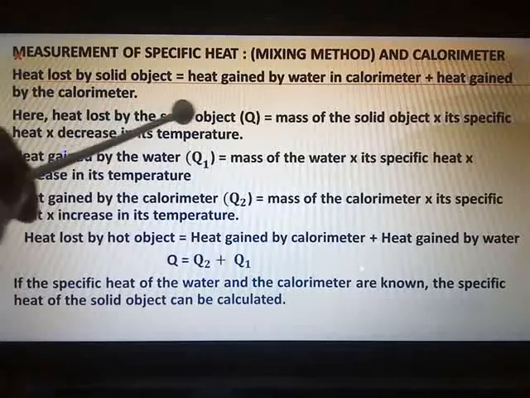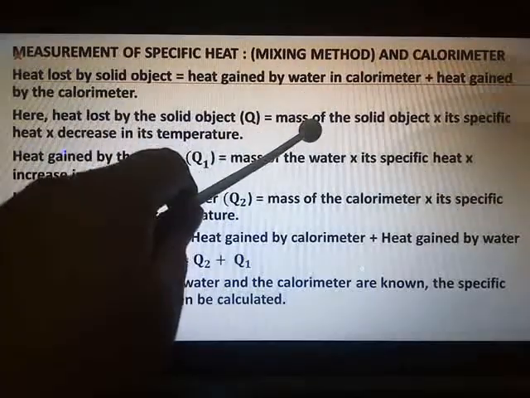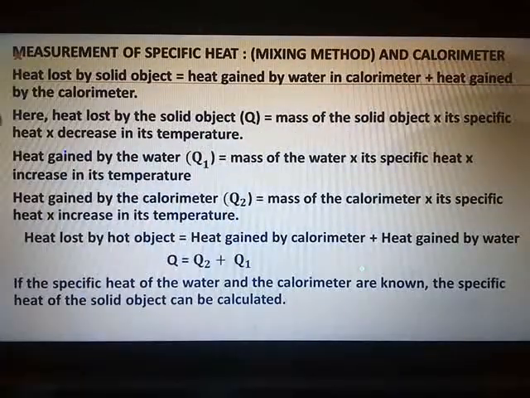So heat lost by the solid object, capital Q, is how much? Mass of the solid object multiplied by its specific heat multiplied by the decrease in its temperature. You have studied the formula when I explained the topic of specific heat capacity, one when the temperature is raised and one when the temperature of the object is decreased.